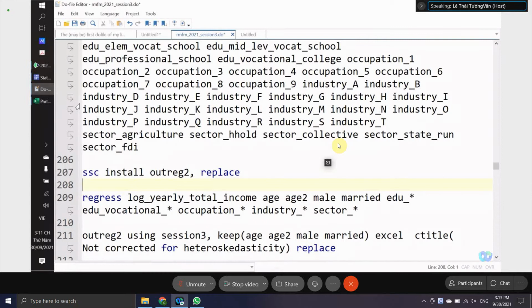No, but can you get the command installed, Miss Thanh Thủy? My laptop is running out of battery, so I cannot run Stata. Otherwise, it would just crash. Okay, so you have not run it yet.